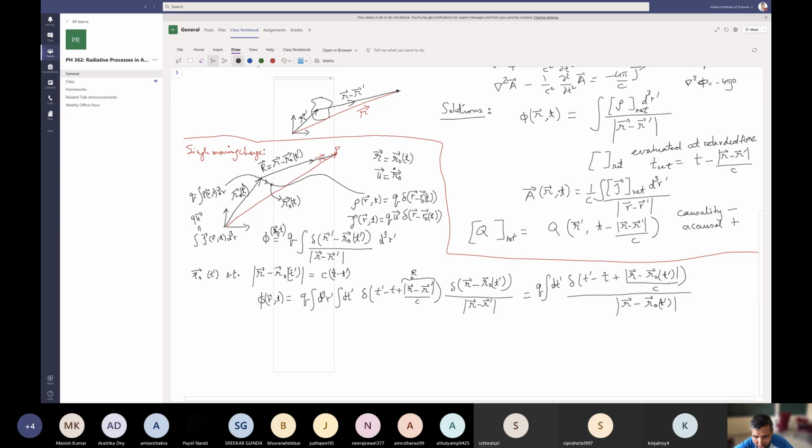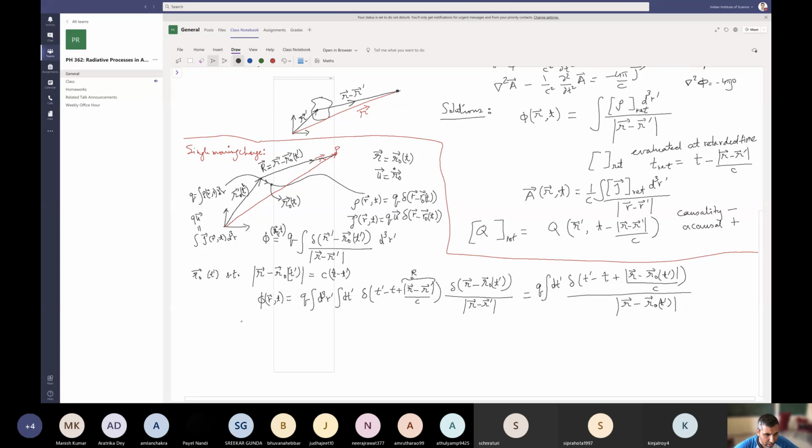Okay, so now we don't have r prime anymore. Those r primes have become r naught t primes, and that r prime integral has been done. Got it? Good.